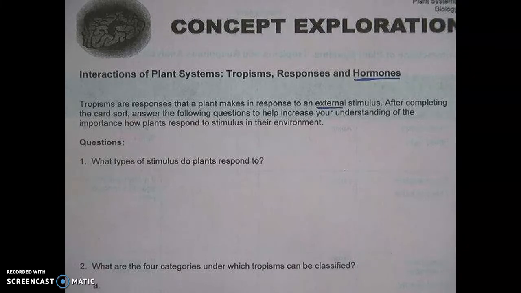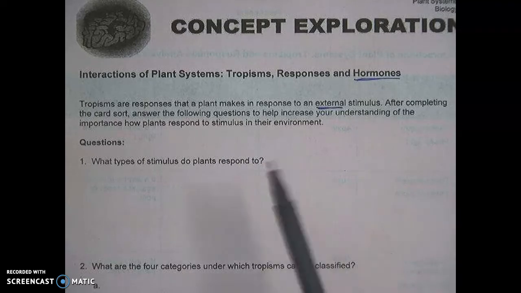It could be light, it could be touch, it could be water, even gravity, which I think is really cool. I was reading some other types of tropisms out there. Some plants will even respond to electrical stimulus. We're not going to study that one though, just so you know there's more than what we talk about here, just because plants are really a lot cooler than a lot of people give them credit for.